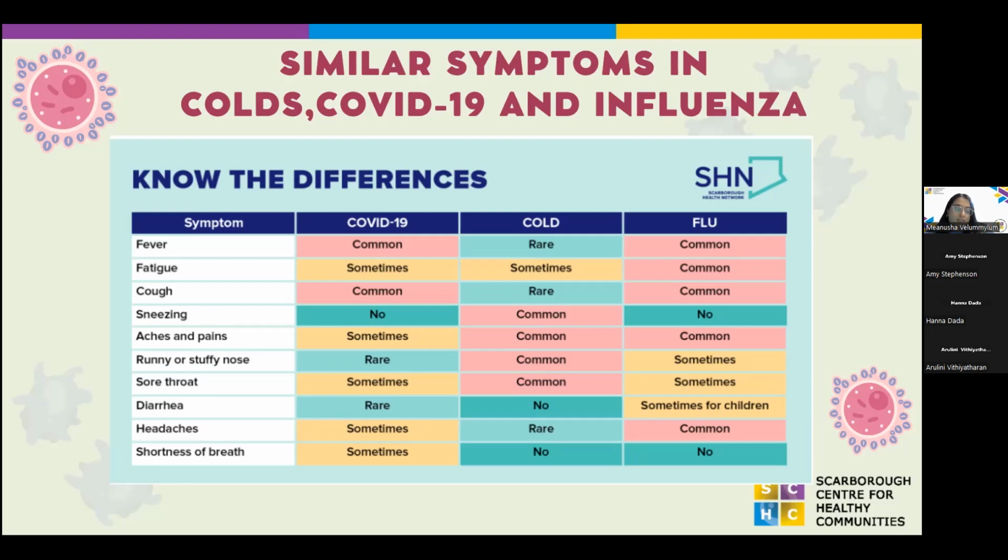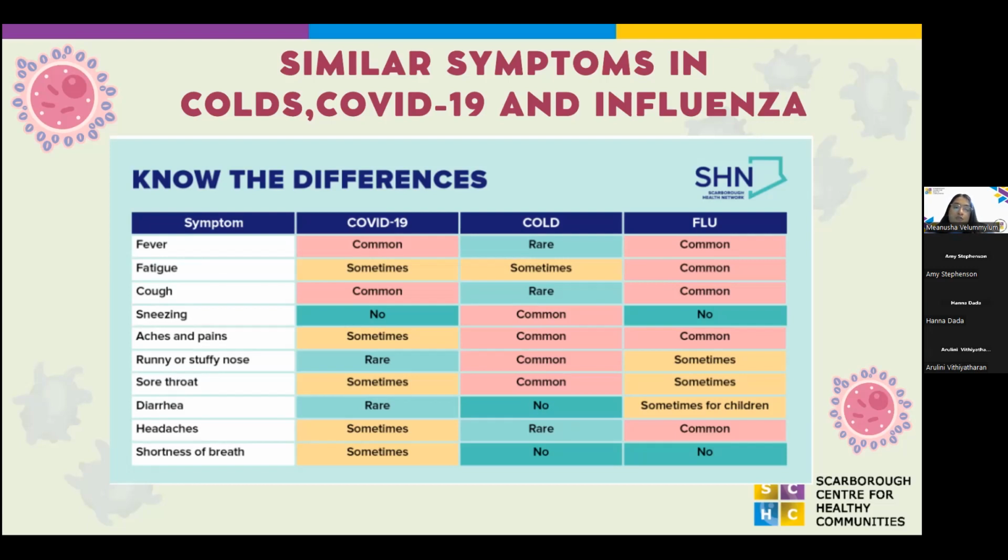Aches and pains can sometimes happen with COVID-19. It is pretty common with the cold and common with the flu. Runny or stuffy nose is pretty rare with COVID-19, is common with the cold, and can sometimes occur with the flu. Sore throat, again, sometimes can occur with COVID-19, is very common with the cold, and can sometimes occur with the flu.